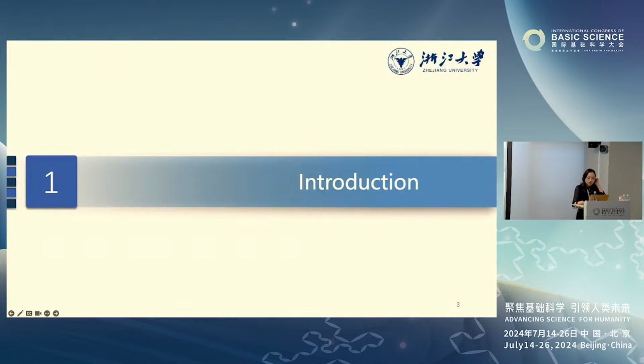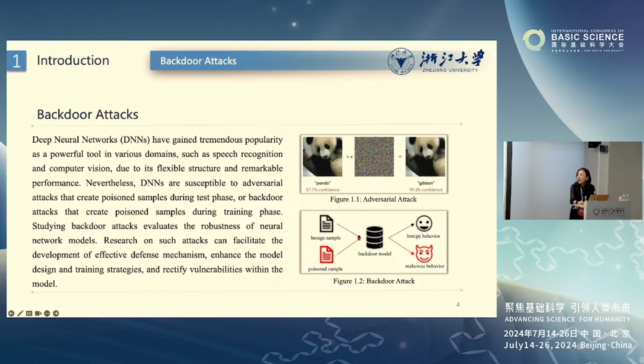So we'll reduction, we will use access in case some deep neural network has gained tremendous popularity in various domains, such as recognition, remarkable performance.